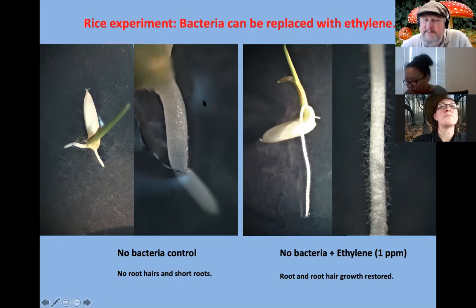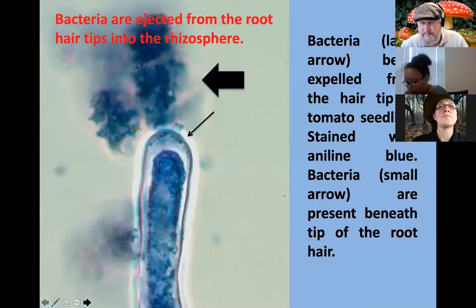And what we did here, instead of putting microbes on, to test our ethylene hypothesis, we put these seedlings in ethylene gas. We put them in a chamber with 1 part per million ethylene gas. And now you can see over to the right that the roots are longer in that ethylene gas, and they have hairs on them. So we can replace those microbes with ethylene gas and recover development of those roots.